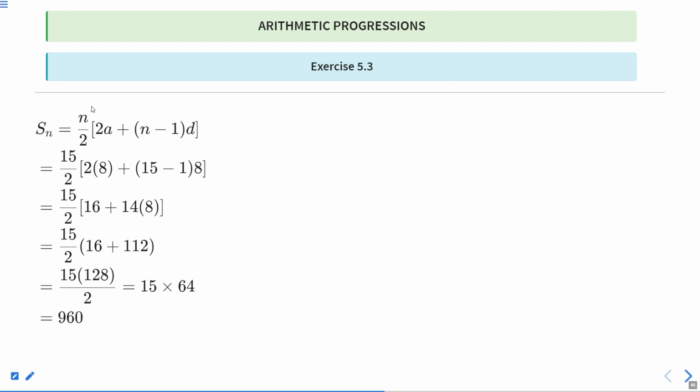Okay, so the sum of first 15 terms that are multiples of 8 is equal to 960.